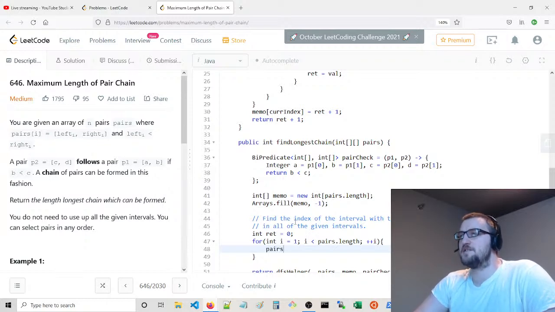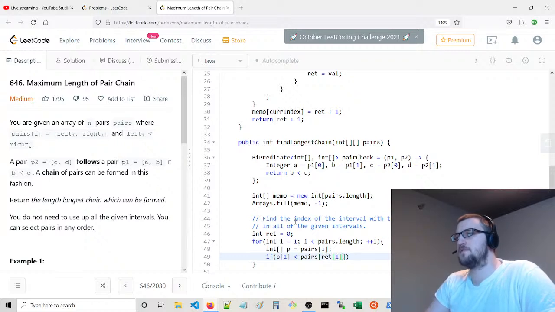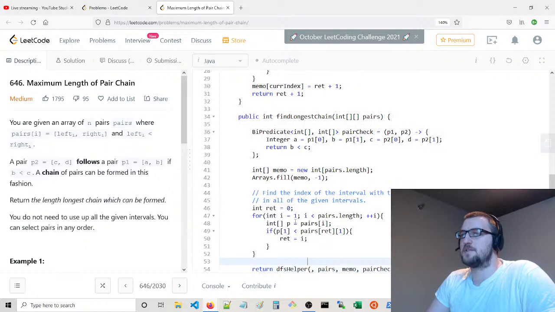We're going to say int p equals pairs of I. And then we'll say if p of 1 is less than pairs of ret of 1, and ret equals I. Something like that.